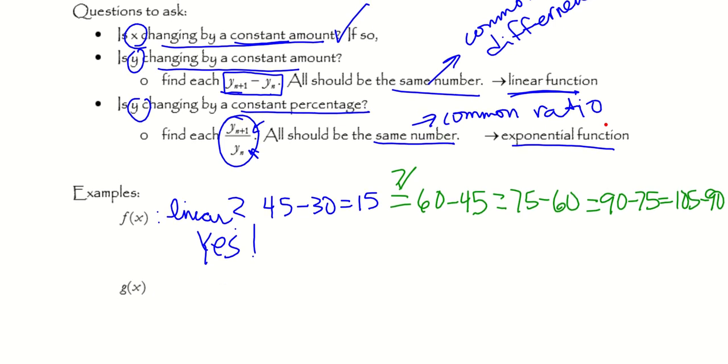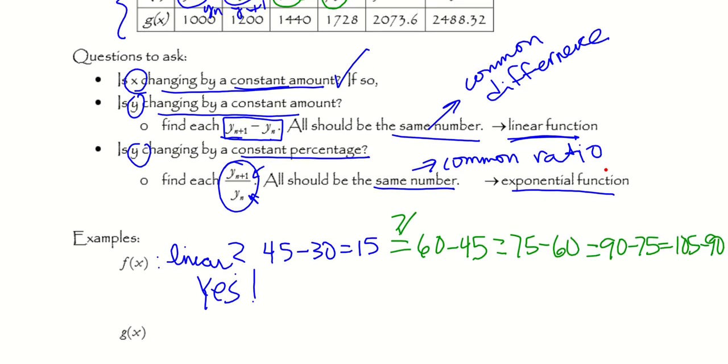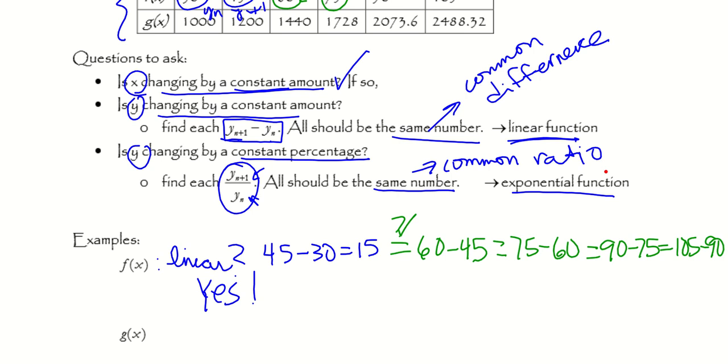Let's go on now and look at g of x. If we look at g of x, and ask the question again, is g of x linear? Then we take the second y from g, which is 1200, and subtract the previous y, which is 1000.